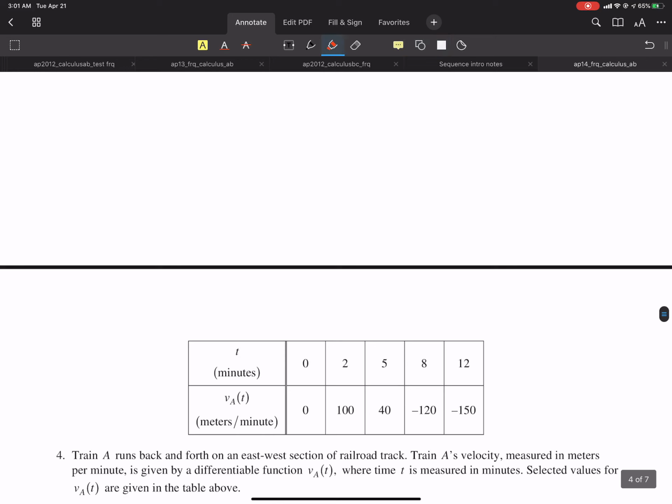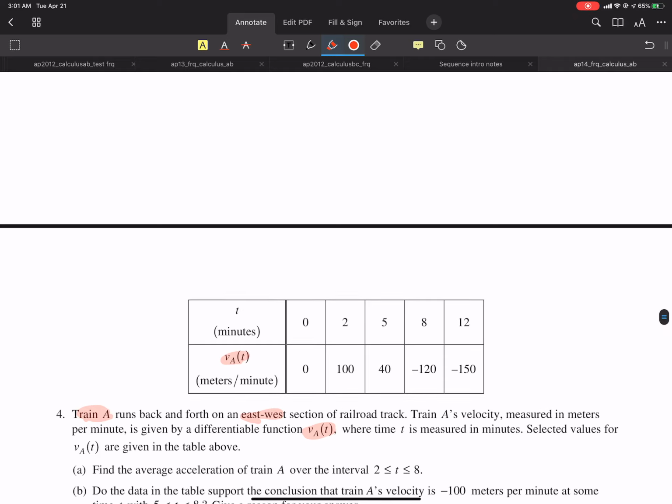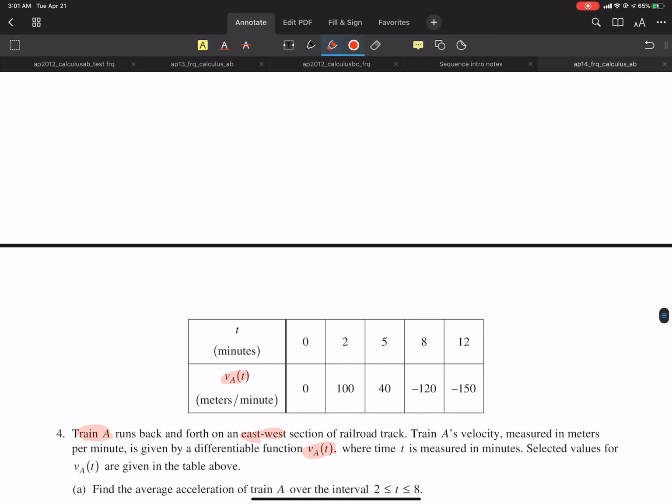So let's take a look at this. It's a data table. Train A, so you have the first train. It's going east and west. The velocity is given by VA of t, and that's here. So that's the velocity of train A at specific times. So we need to draw a nice picture.